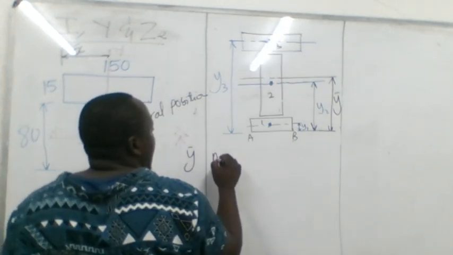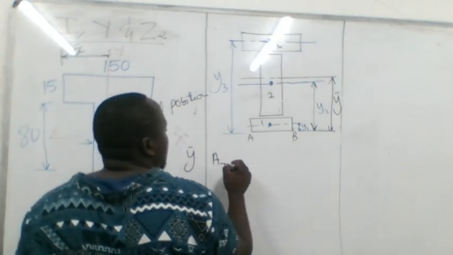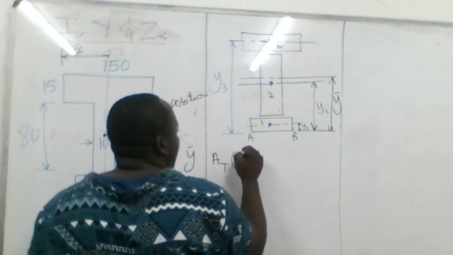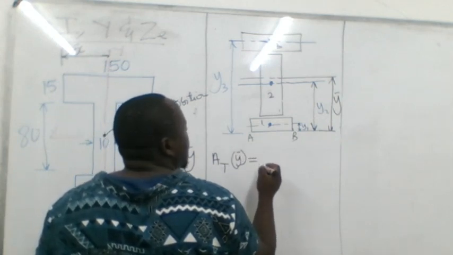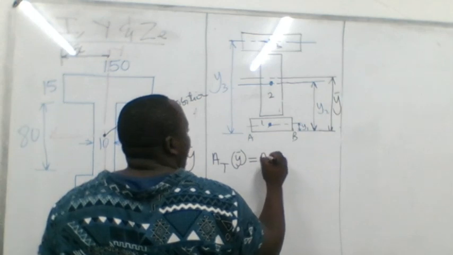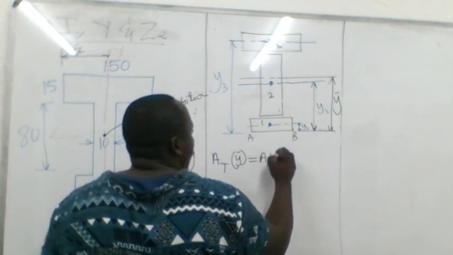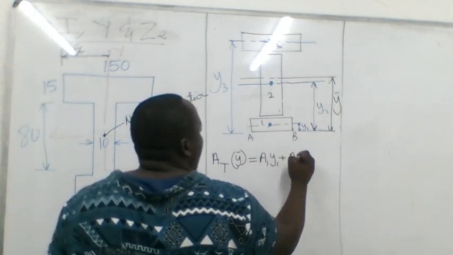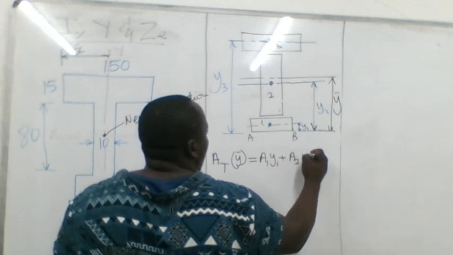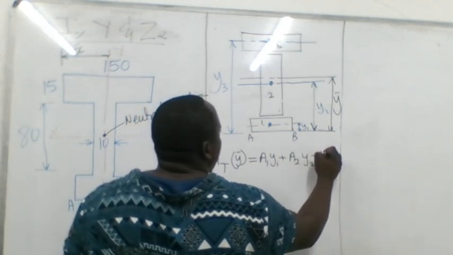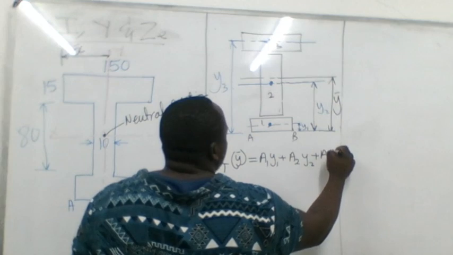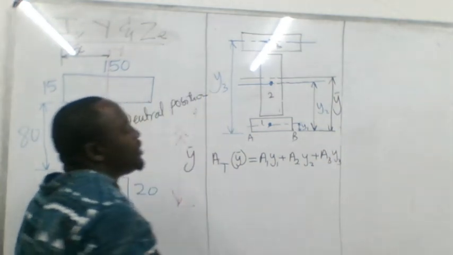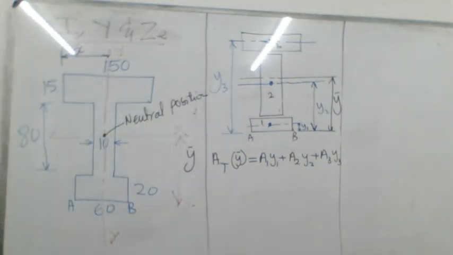So area total times Y bar is equal to area 1 times Y1 plus area 2 times Y2 plus area 3 times Y3. This is how you tabulate them.